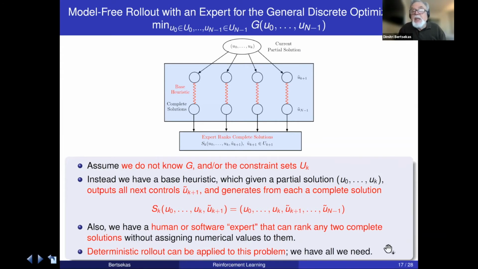We have all we need. So that's another convenience afforded by rollout. It can be implemented in model-free fashion far more easily than other algorithms, like the Q-learning algorithm, for example, that I gave last time. This is a rather simple type of implementation.